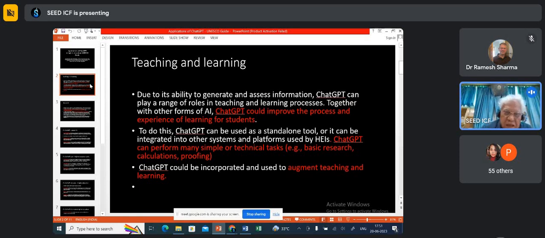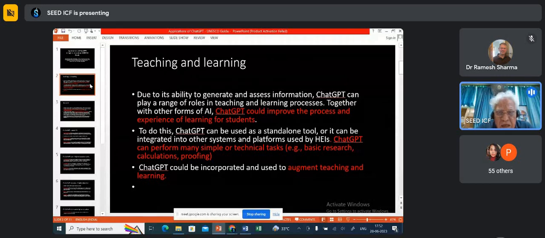Other forms of AI are also there, and ChatGPT large language modeling does this work with them, as was discussed by Prof. Sharma and others. This could improve the process and experience of learning by students. That's why they say it has that positive aspect, and we could try to look into the positive aspect of this software.